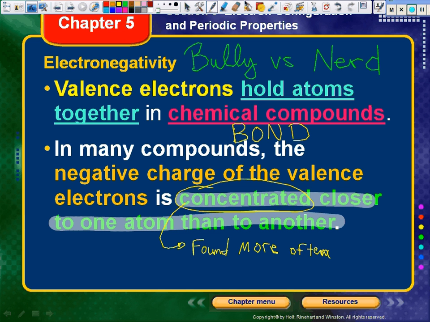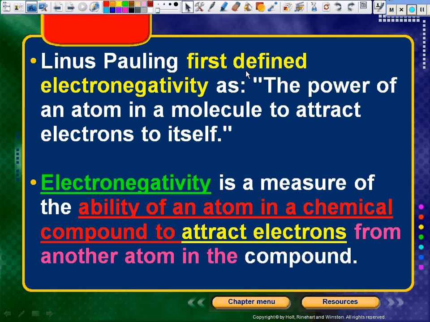Alright. Linus Pauling. You do not need to know his definition, but he was the first person to describe it. This is what he said. The power of an atom in a molecule. Let's highlight the word molecule, and I want you to write this. Another word to say molecule. Bonded atoms.